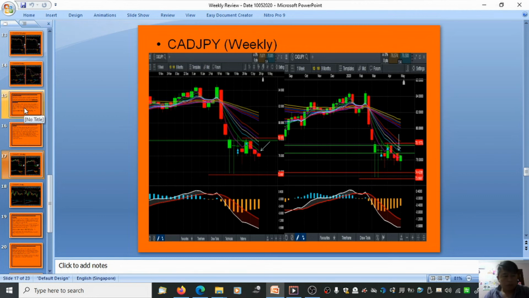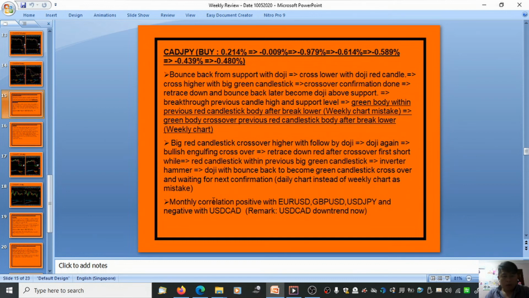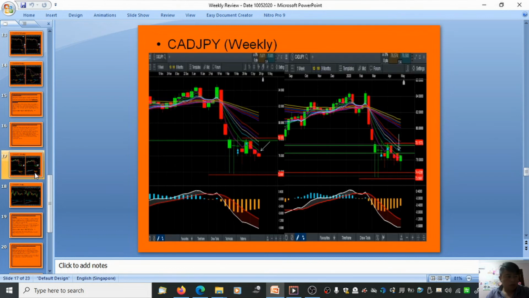Alright, now I go back to the correlation. The correlation is still the same. USD CAD is in a downtrend now, so negative, positive. Have a look at the weekly MACD. It still continues turning up.